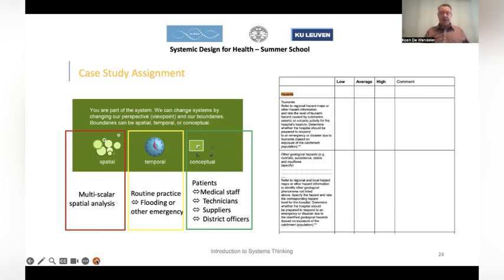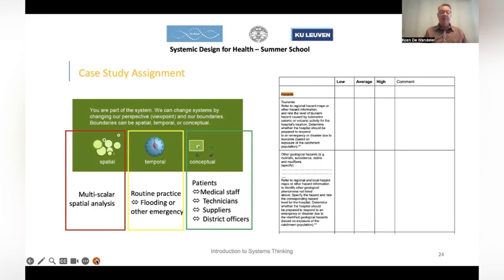And so your assignment will be working on the spatial boundaries, the multi-scalar spatial analysis. It will be working on temporal elements, routine practice, or in the case that we are looking at, flooding or any other emergency.